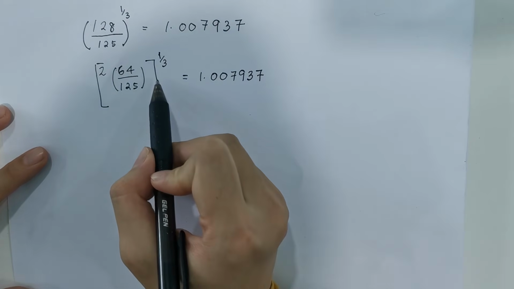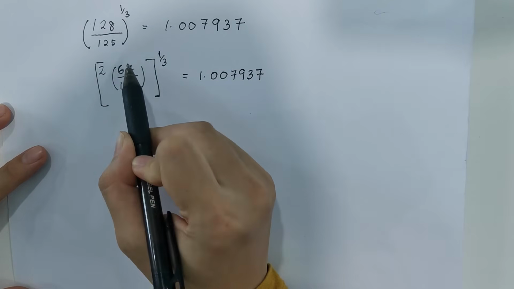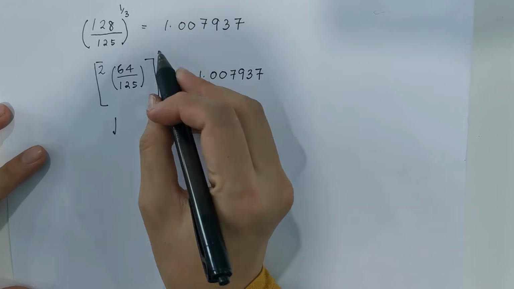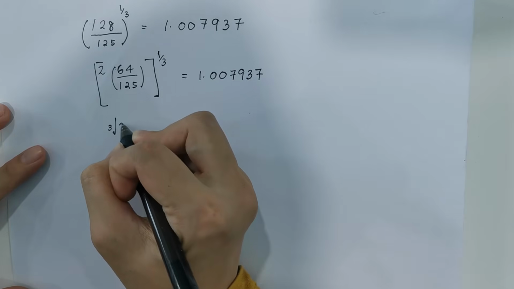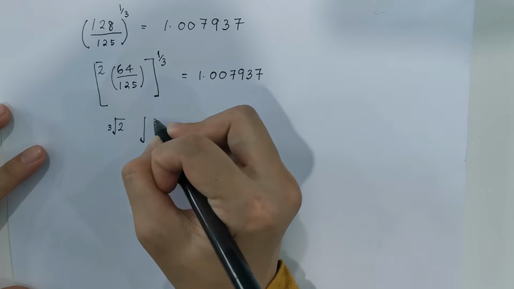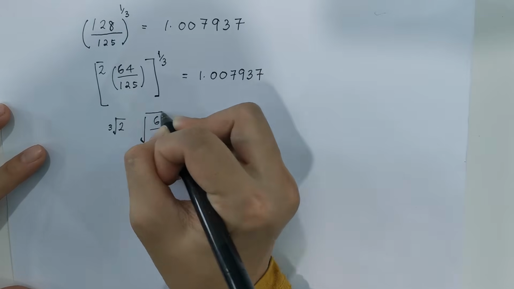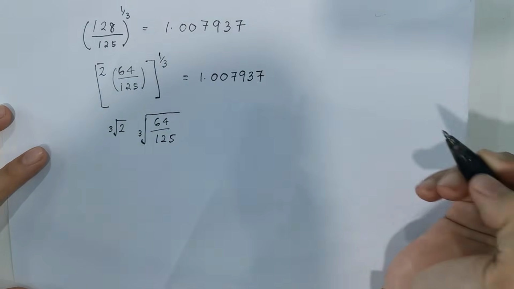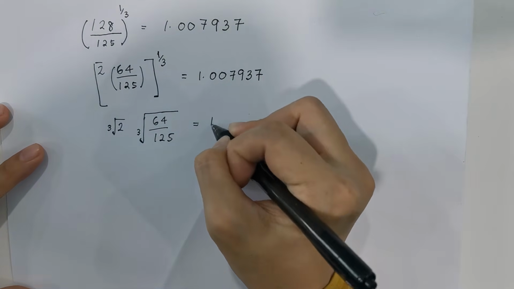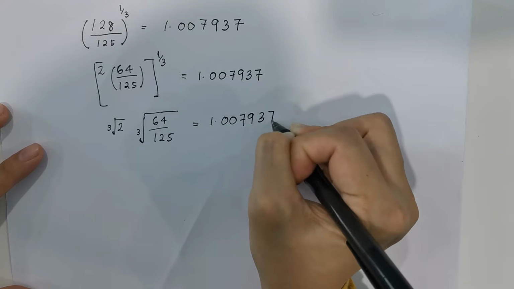By using the rules of indices, the exponent 1/3 belongs to everything inside the bracket, meaning 2 to the power of 1/3, or the cube root of 2, and also the whole bracket, 64 over 125 to the power of 1/3, or the cube root of 64 over 125, is equal to, still the same on the right hand side, 1.007937.